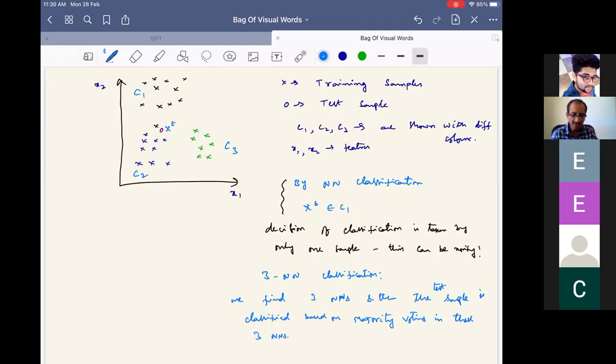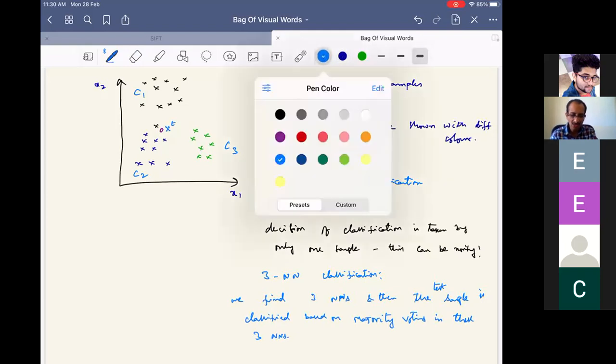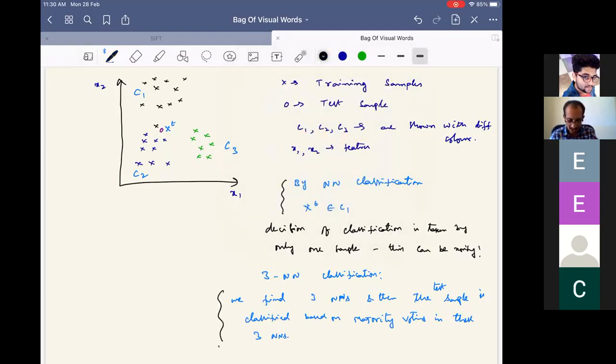So if we perform this, what will happen? This enables us to classify XT to C2 rather than C1 as in 1 nearest neighbor. Okay, is this clear? This method is referred to as K nearest neighbor classification. Any questions on this?